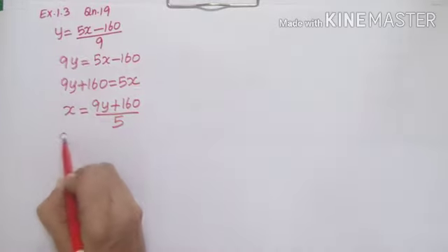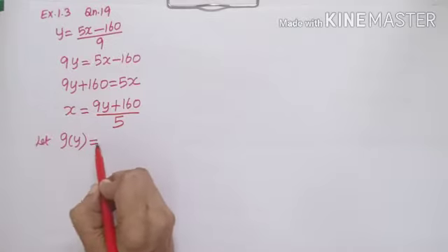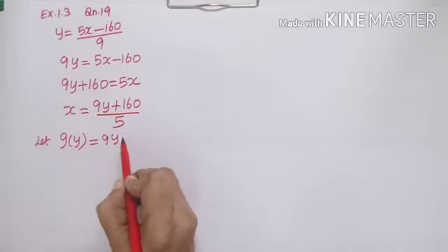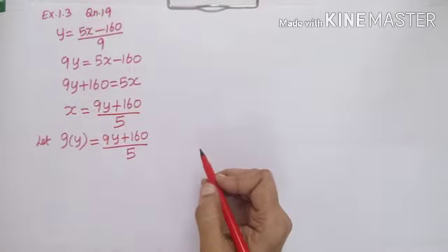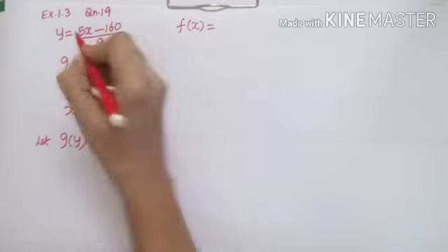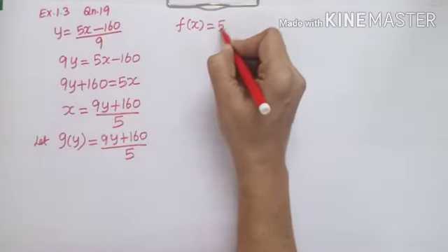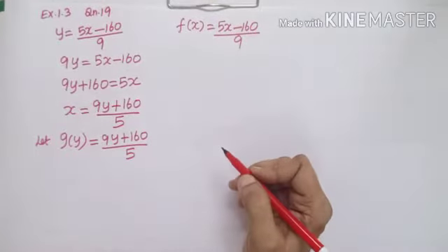Call this g of y. So we assume let g of y equals (9y plus 160) by 5. Now, what is f of x given? This y, that is (5x minus 160) divided by 9.